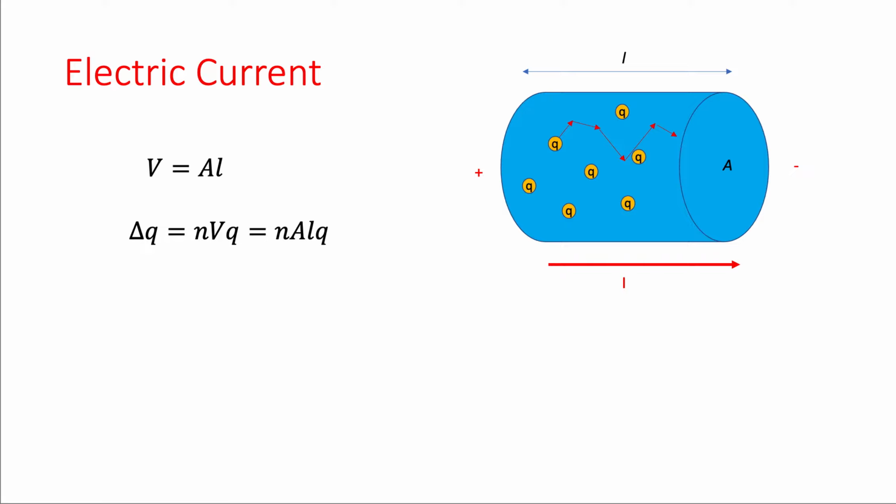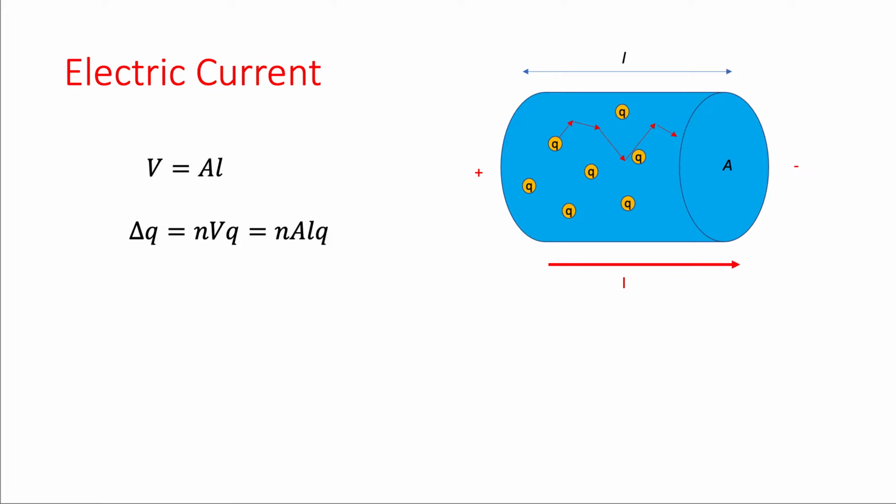However, what we do is take this number N, the charge density, which is the number of free charge carriers that we've got, and multiply it by the volume to get the number of carriers. We then multiply the number of carriers by the charge on each carrier to get the total charge. That's what my second equation says: delta Q is just the free charge density times the volume times small q, the charge on each carrier.